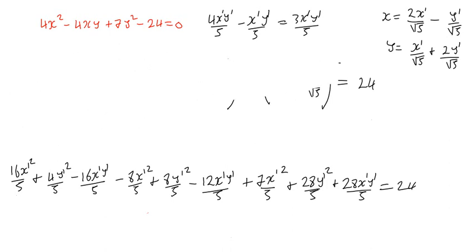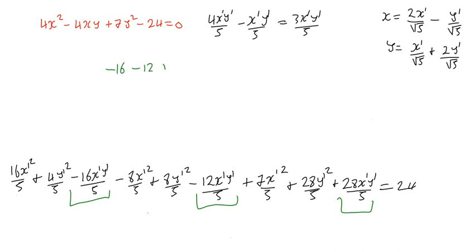One thing that you observe is that whenever you reach this stage of the expansion, try to focus your attention on the xy term, this one and that one and this one right here. Look at the coefficients that you have. You have minus 16, minus 12, plus 28. What does this give you?